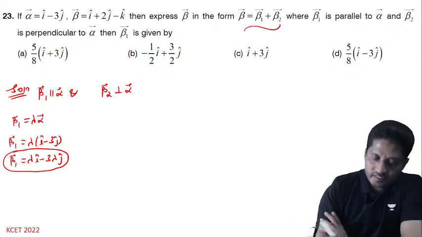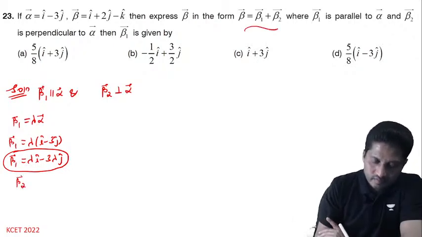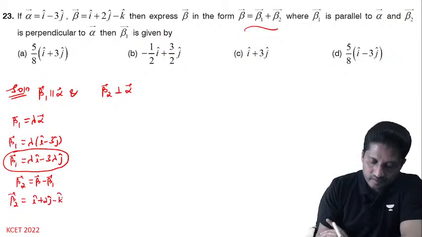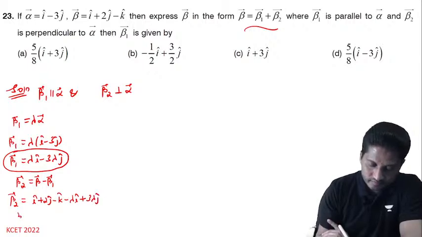Alright, and from this condition, beta 2 is equal to beta minus beta 1. So beta 2 is equal to beta, which is i plus 2j minus k, minus beta 1, which is minus lambda i, minus and minus is plus 3 lambda into j.